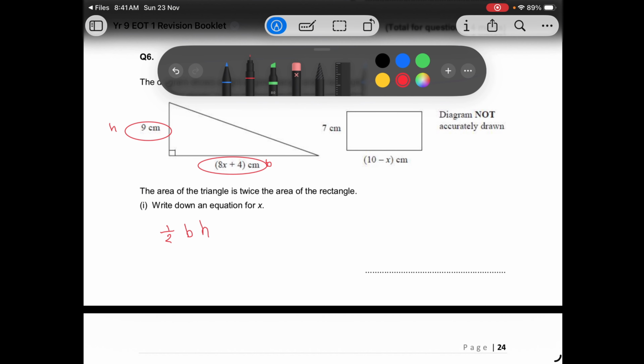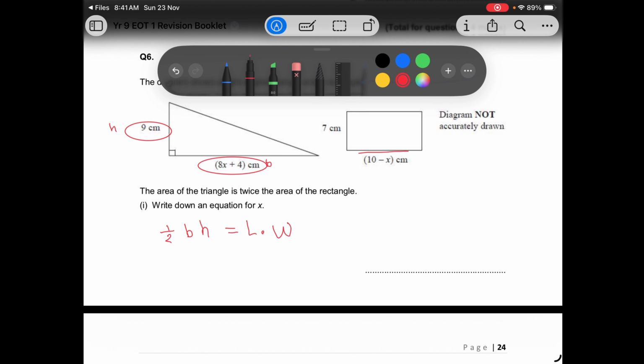So the area of the rectangle is length times width. One of these two dimensions is the length, the other is the width, and the length is usually the longer one visually, but you can call them the way you like.